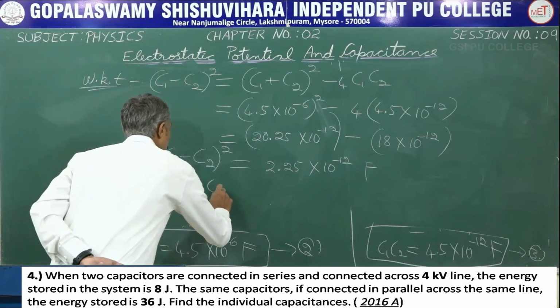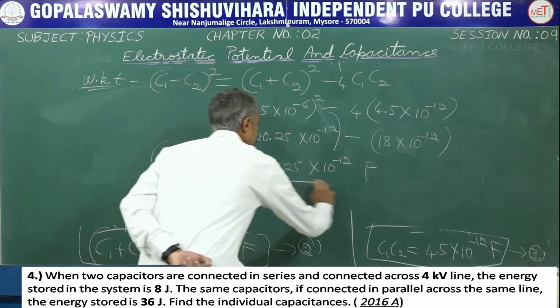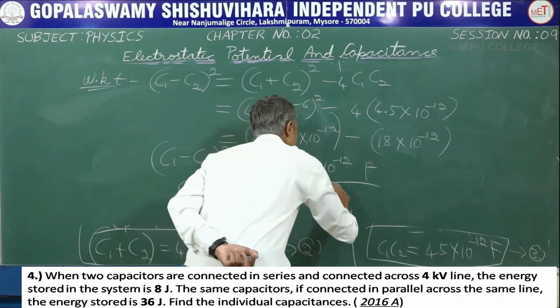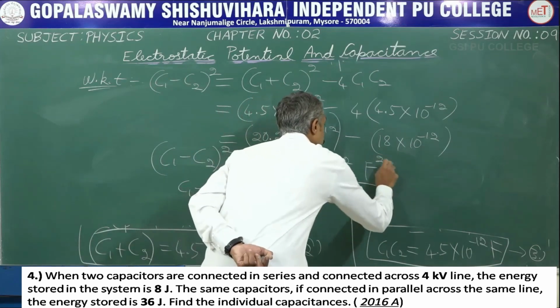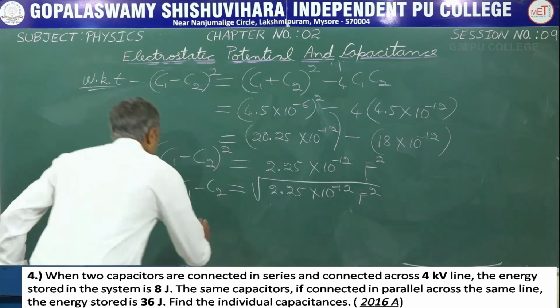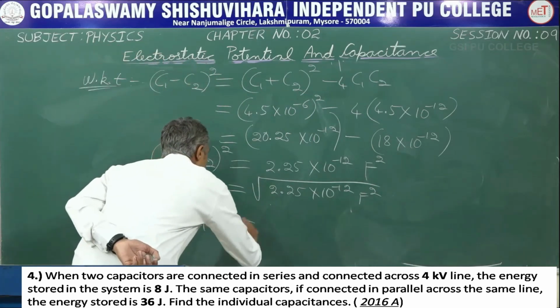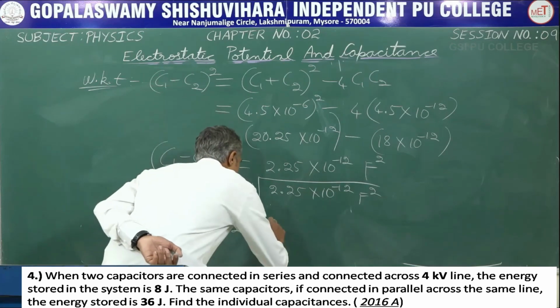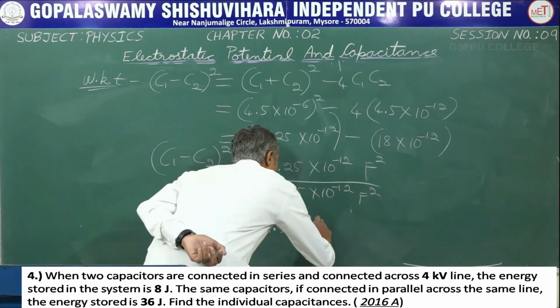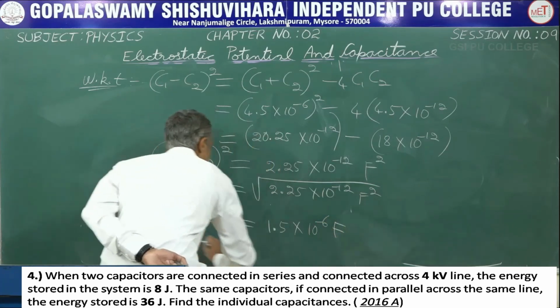And C1 minus C2 is going to be root of 2.25 into 10 to the power of minus 12 farad square. So C1 minus C2 on simplification we will get this as 1.5 into 10 to the power of minus 6 farad.